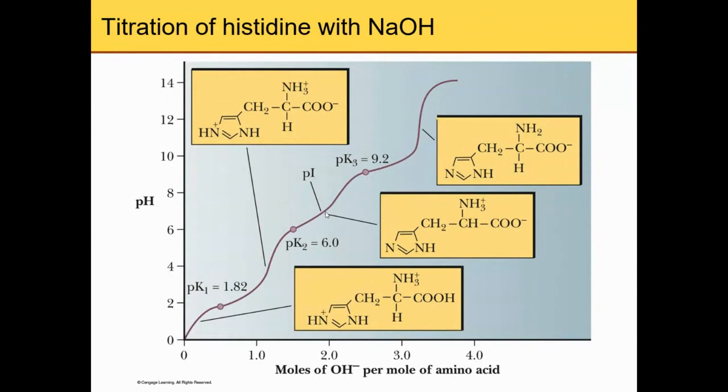The pI is here, at 0, and then you have -1, +1, +2. If you are asking what the dominant form is at pH 5, pH 5 will be here, so the dominant form will be this one.